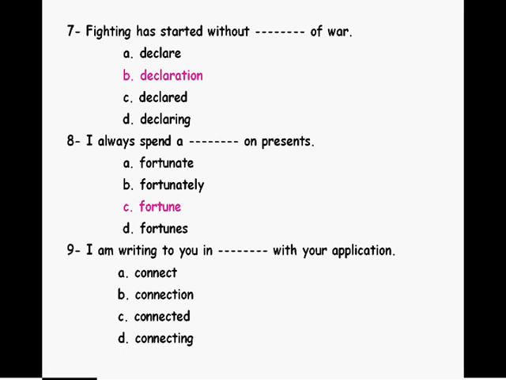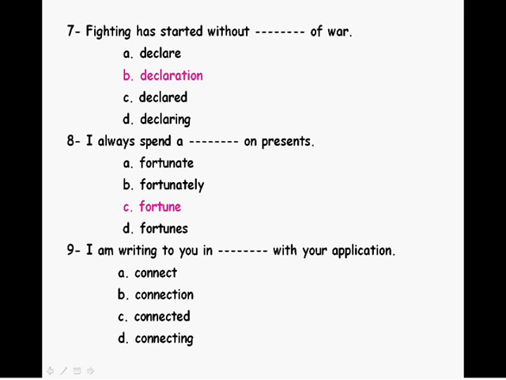Number 9. I am writing to you in with your application. A, connect, B, connection, C, connected, and D, connecting. So because we have a preposition, we try to use a noun after the preposition, okay? Preposition here, in. So, which word is the noun?